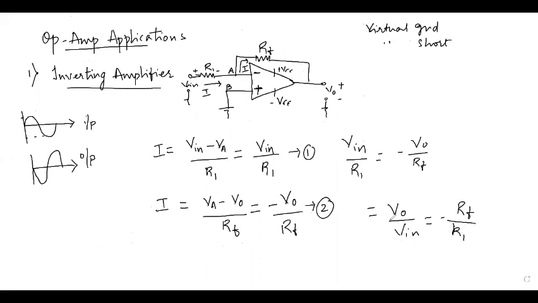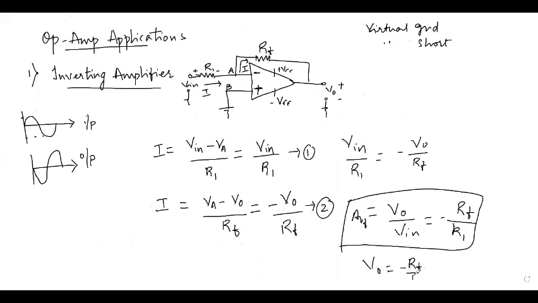So this is the final equation, AVF equals that, or I may write Vo equals minus RF by R1 into Vin. It's the equation for an inverting amplifier, where RF by R1 is the gain of the amplifier and the minus sign indicates that the signal is inverted.